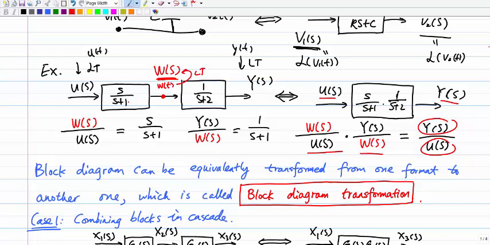So this is the approach we're using. Here's the definition of block diagram transformation: a block diagram can be equivalently transformed from one format to another, which is called a block diagram transformation.